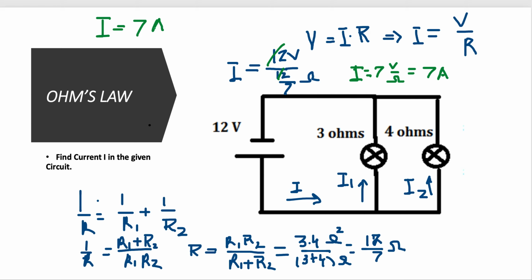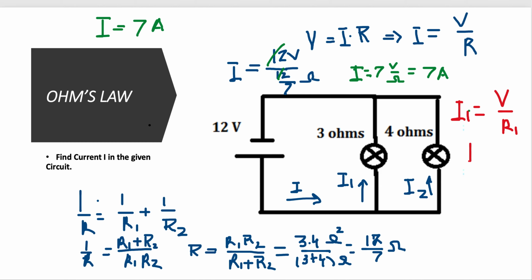But if we want to make a little bit sure, let's say this is I1. I1, if you are taking just I1, is going to be equal to the voltage divided by R1.